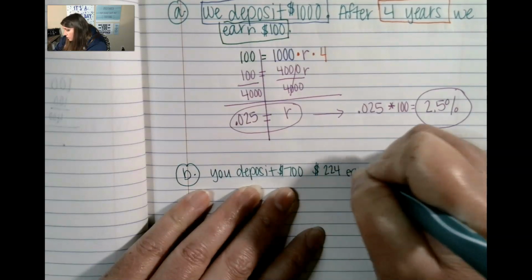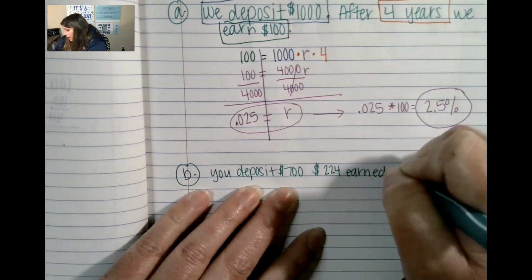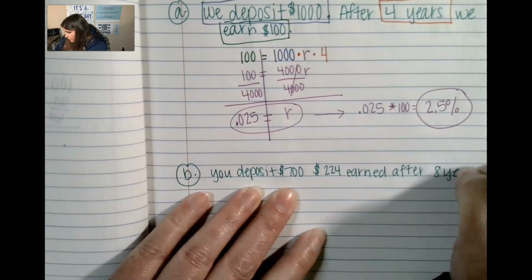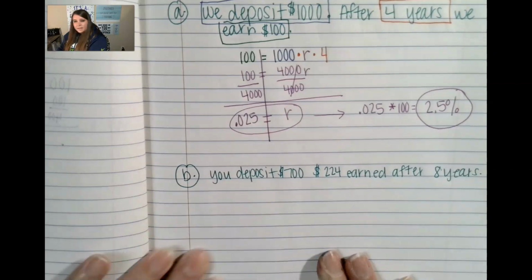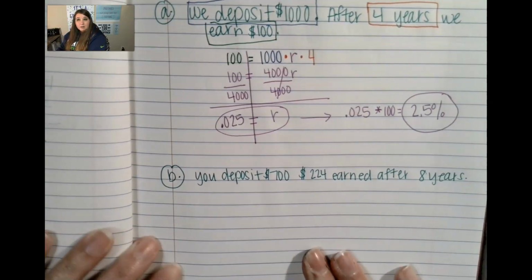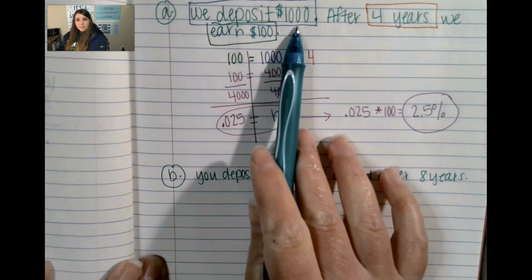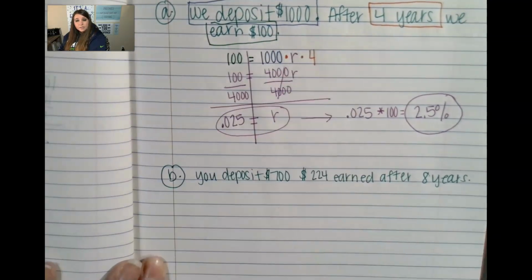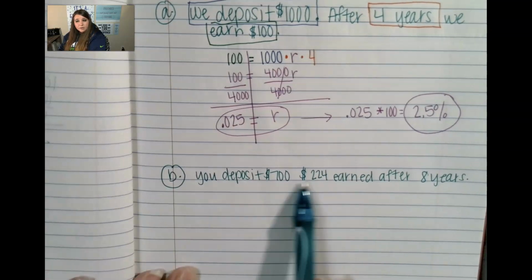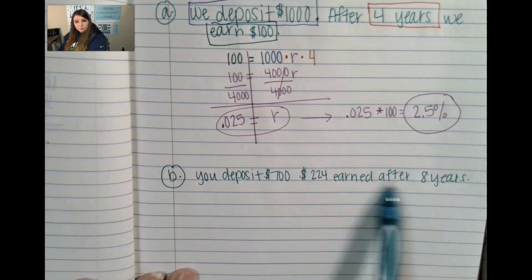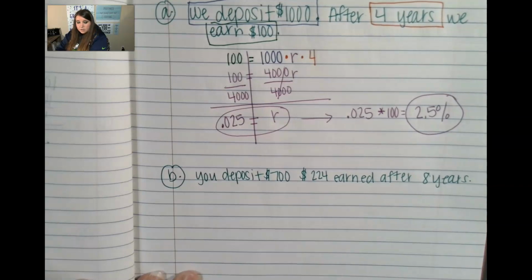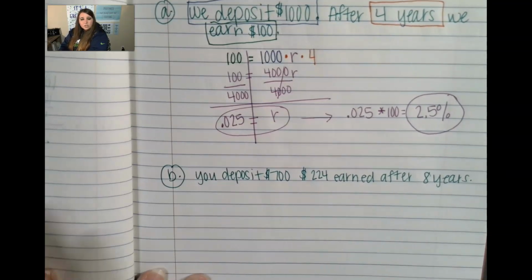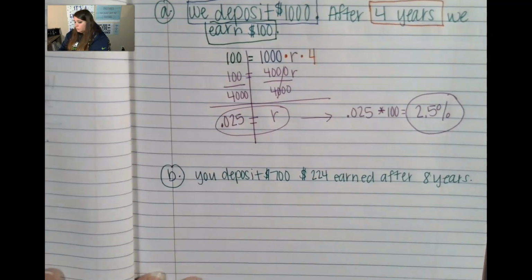We want to know what is the interest rate. Up here we see that with $1,000, we earned $100 after 4 years. Here we deposit $700 and earn $224 after 8 years. So we're going to find out what the interest rate is and how it compares to example A.